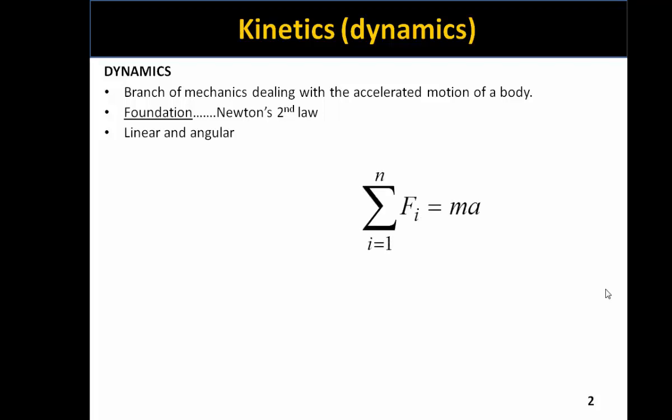When we start with the foundation here, an expression of Newton's second law, as you see in this equation, we have the sum of a number of forces that are acting on a system is going to equal the mass of that object or that system times the acceleration of that object or that system.